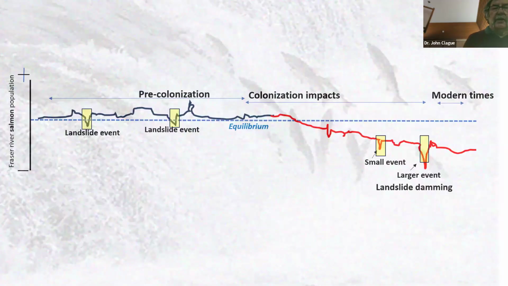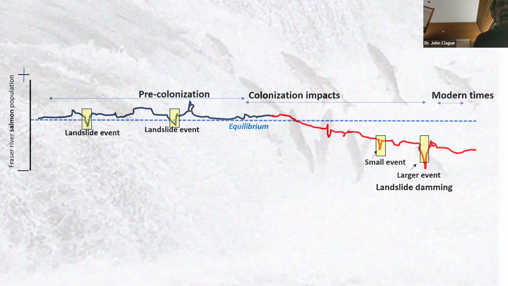But nonetheless, I suspect, and hopefully somebody will document this, that for the over 10,000 years that indigenous people were living on salmon, there was a sustainable equilibrium population.